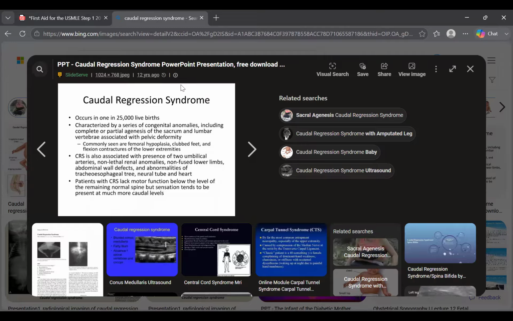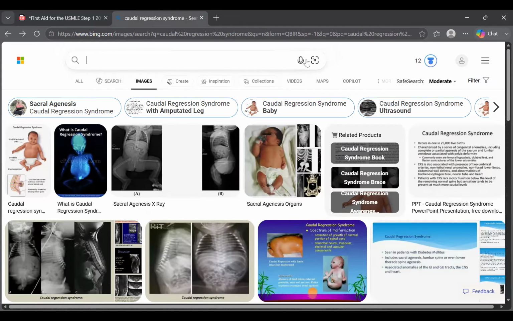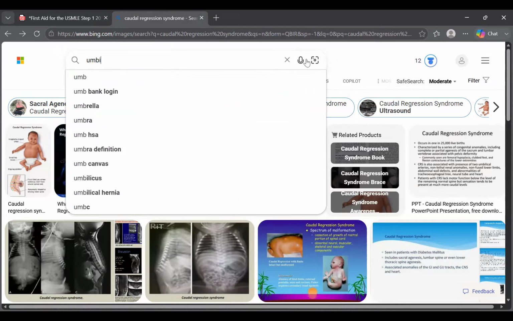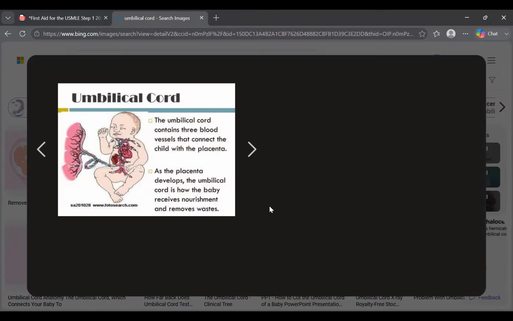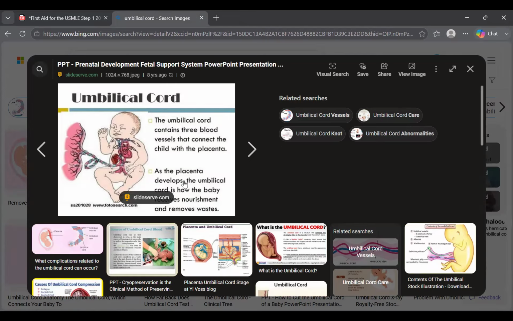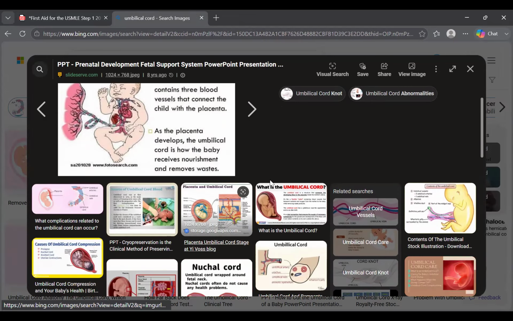Let's see the umbilical cord. So, umbilical cord contains three blood vessels. Yep, that's right. Any image of it?